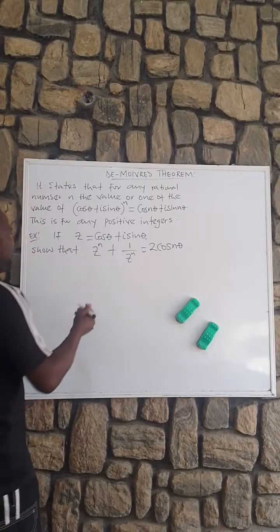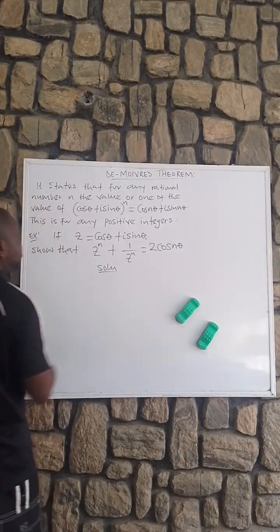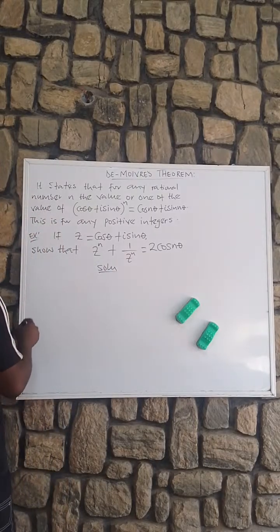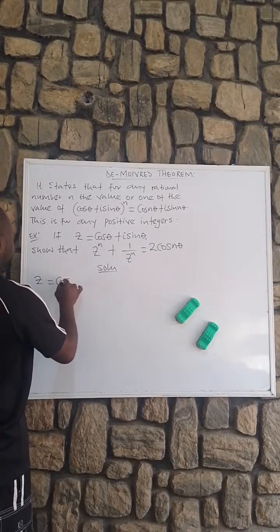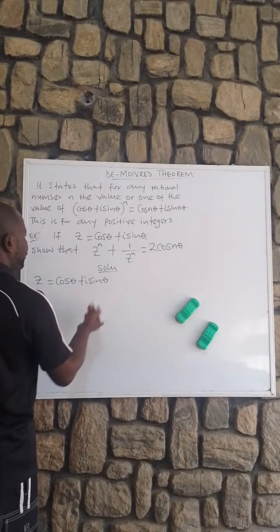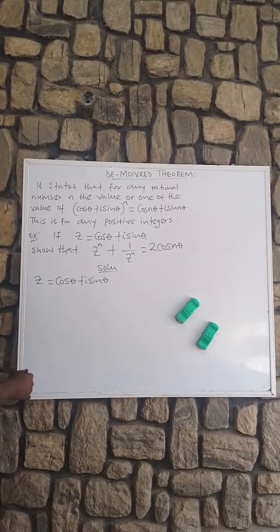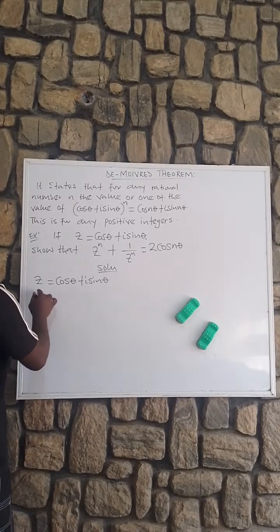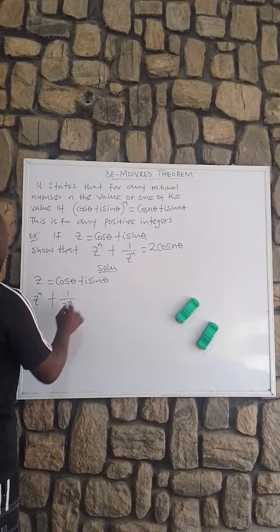Okay, so let's solve this problem. So z is equal to cos theta plus i sin theta. Then given is z raised to the power n plus 1 all over z raised to the power n.